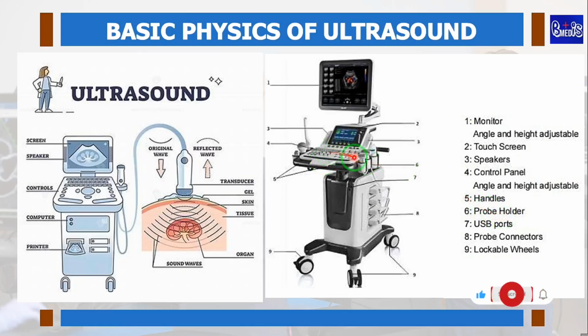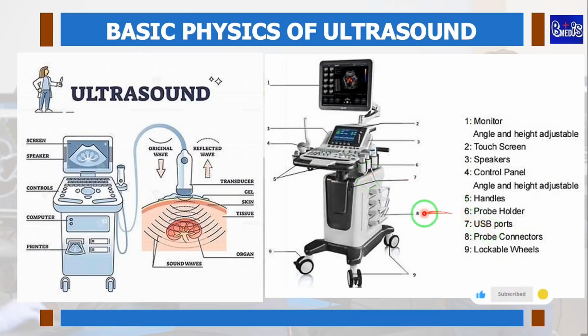Every machine should have a probe holder. This helps to keep your ultrasound probes safe, because when these probes fall to the floor and experience any form of fracture or crack, that can damage them, and these probes are very expensive. So ultrasound machines usually come with probe holders.